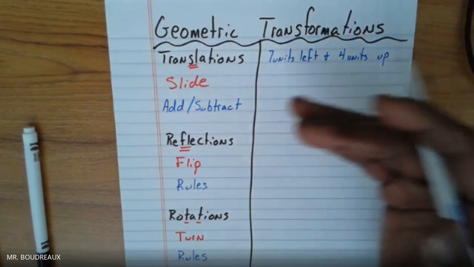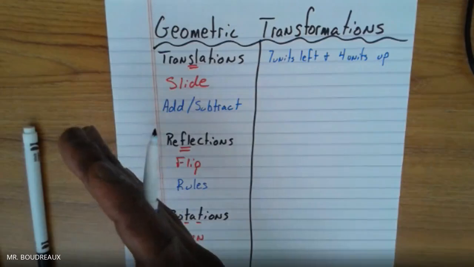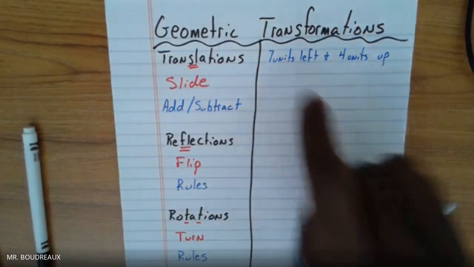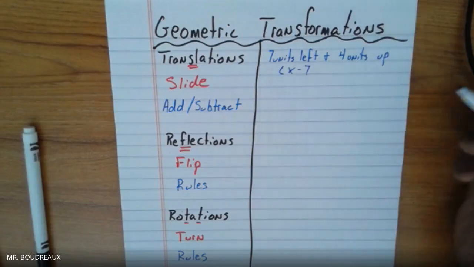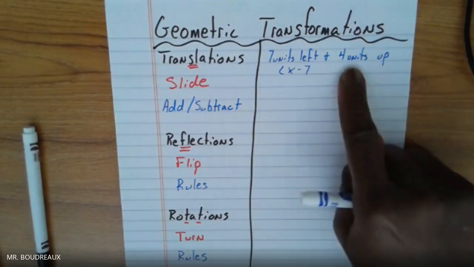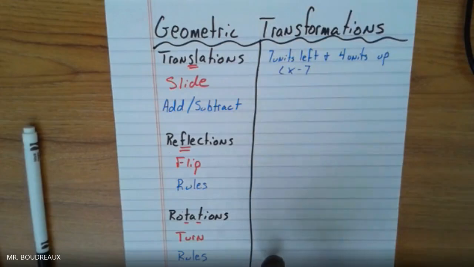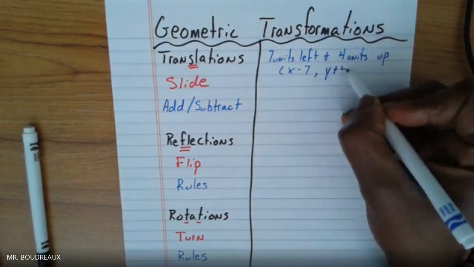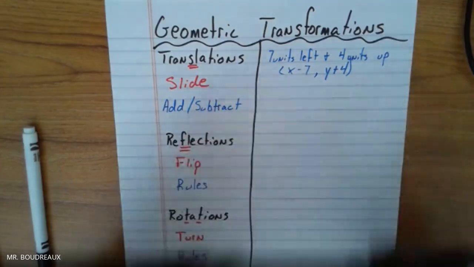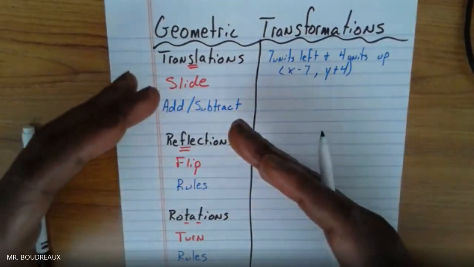The X can only go left to right. So if it's 7 units left, that means the X is minus 7. And 4 units up, well, the only axis that goes up is the Y axis. So if it's 4 units up, that's going to be Y plus 4. And there you have an algebraic expression that resembles what we talked about.